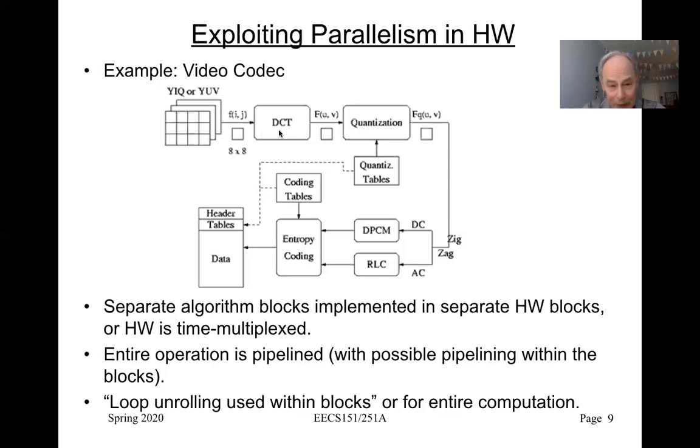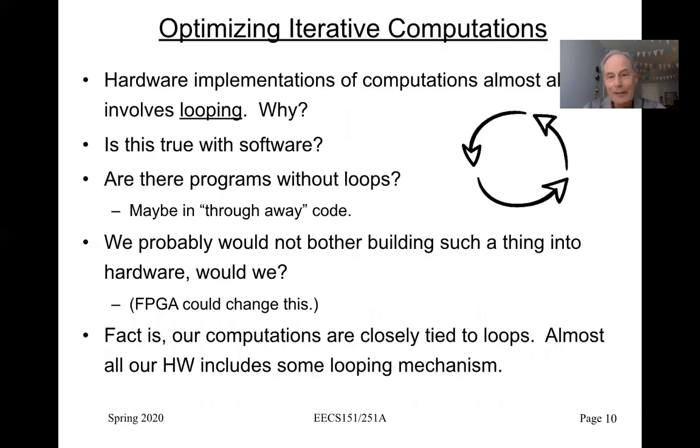Furthermore, within each block there are loops, and we could unroll these loops. We could do multiple iterations of the loop at the same time, right? I'll talk a little more about that later. This gets to the idea of talking about loops and optimizing iterative computations.